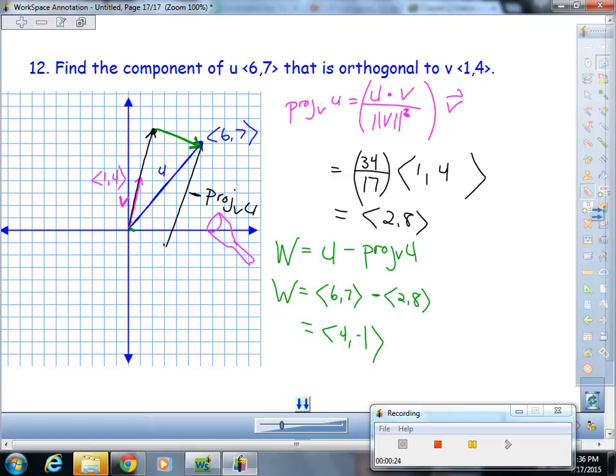I'll erase this. (4, -1). And there it is. It's exactly orthogonal to the pink vector. And that's how you get it. So that's a good one to ask. You can almost guarantee that one of those will be on there, and that'll be one of the harder questions on the test. So this should be a very doable test.